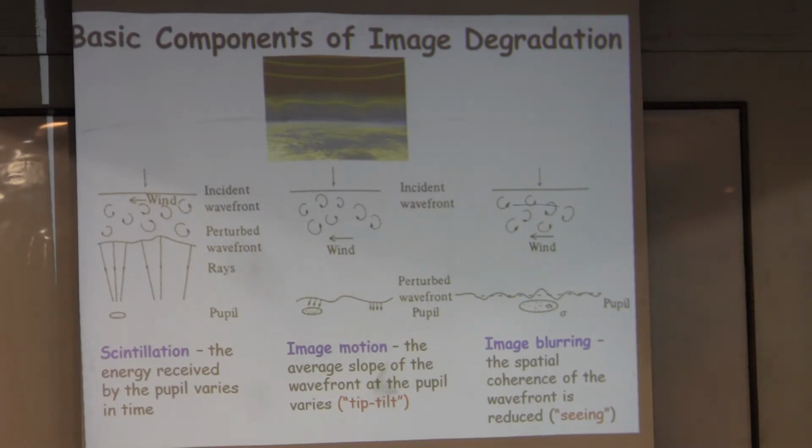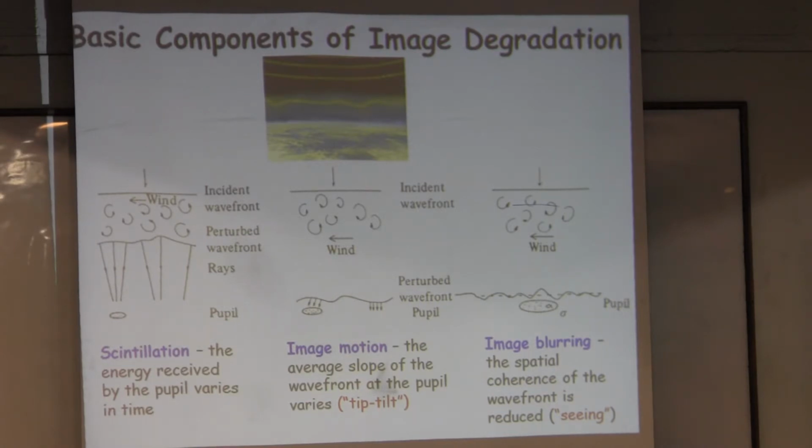In fact, my pocket camera has an image stabilizer, which essentially does the same, only that it is not supposed to correct for the atmospheric distortion, but just for me shaking while I'm taking a photo. But it's essentially the same principle. It tries to stabilize the image because there is this fundamental zero order component that moves the image around, simply by tilting and tipping parts of the wavefront, or in the other case, trembling fingers.